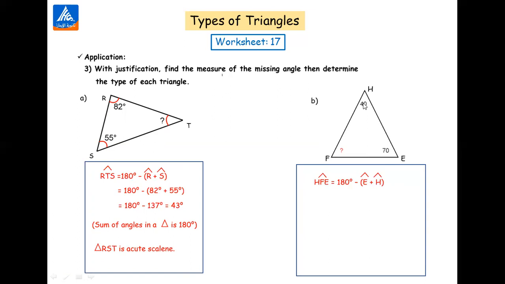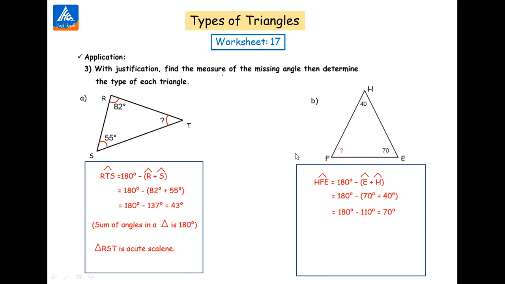Because I remove from 180 40 degrees for H, and I remove 70 degrees for E to get the measure of F. 180 minus, I write each measure under the corresponding angle. So E is 70, H is 40, 70 plus 40 is 110. So 180 minus 110 is 70 degrees.